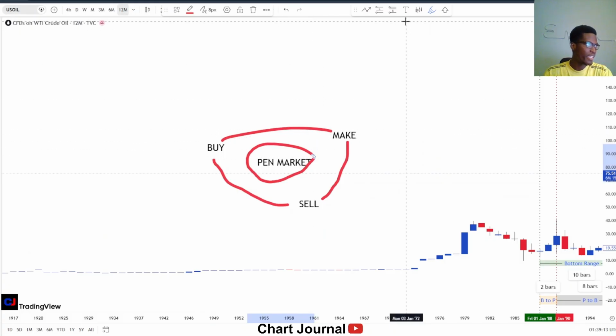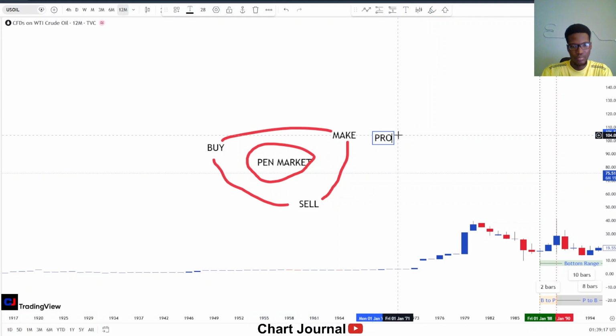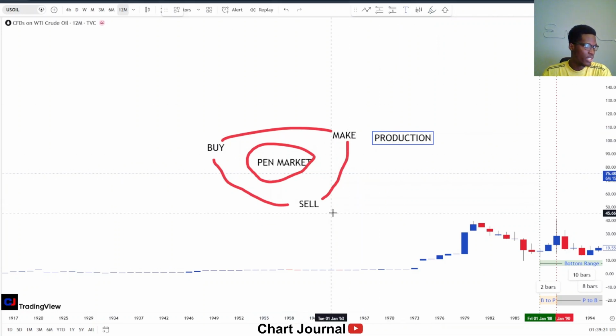So make here is production. Then sell here is simply supply, or how many pens are available.